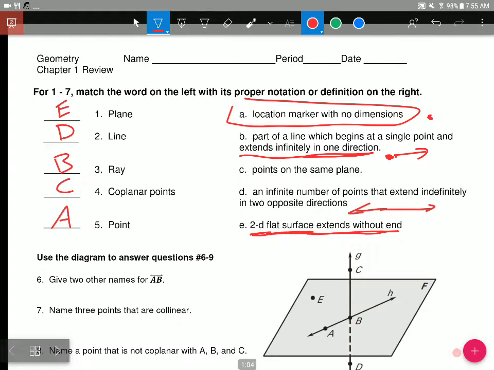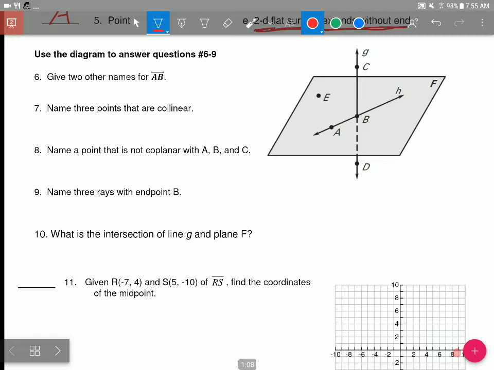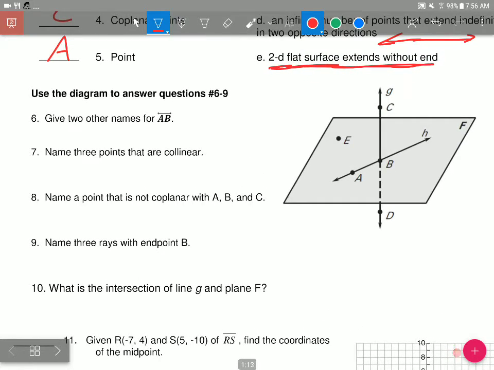So there you go. And then we go on down to 6, 7, 8, 9, and 10, where it says use the diagram. So first off, remember, you have to see these as three-dimensional images. This is a flat surface, and all of this stuff is on this flat surface, where H and F are actually not points, they're labels, but those are all on the flat surface.